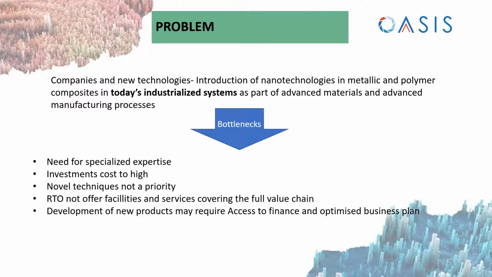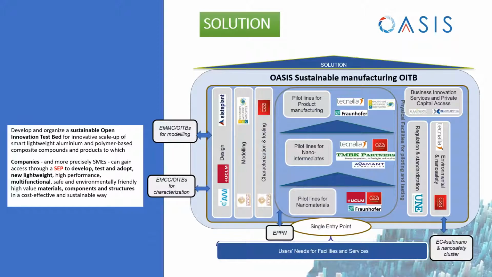So the solution to this problem is found in the OASIS ecosystem. The OASIS project is an open innovation testbed, an ecosystem that aims to develop and organize a sustainable open innovation testbed.